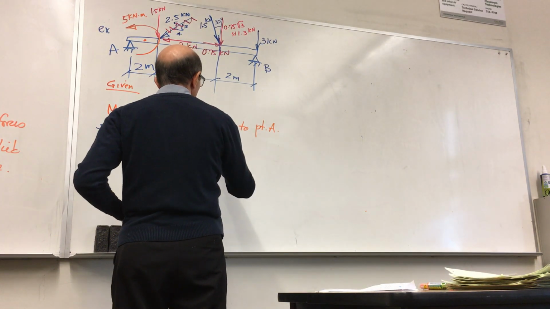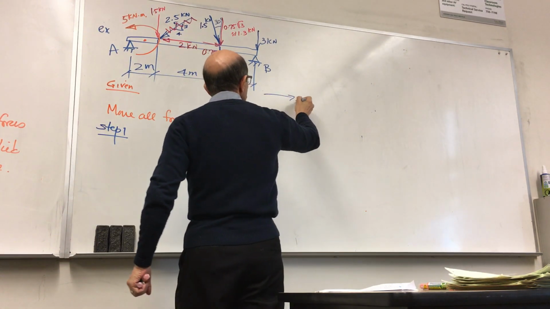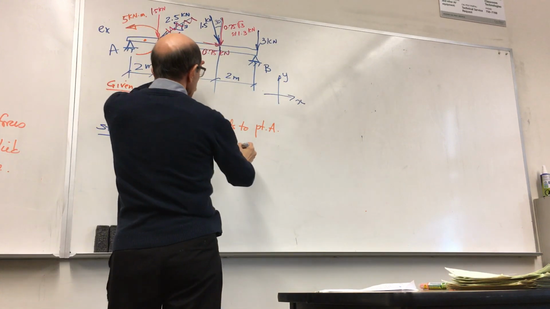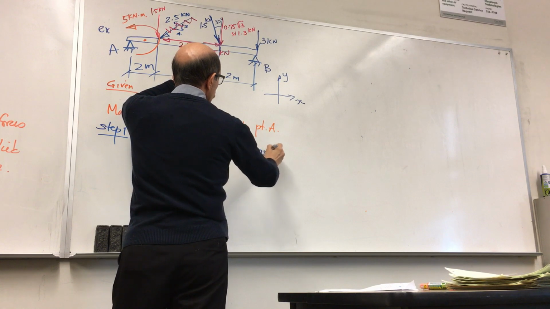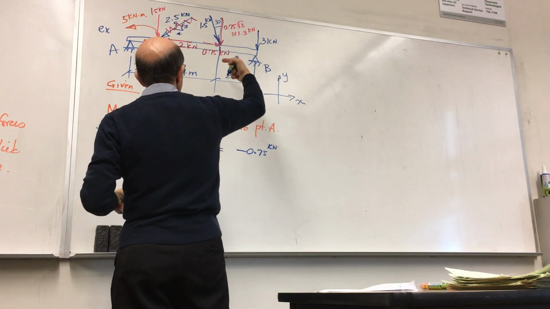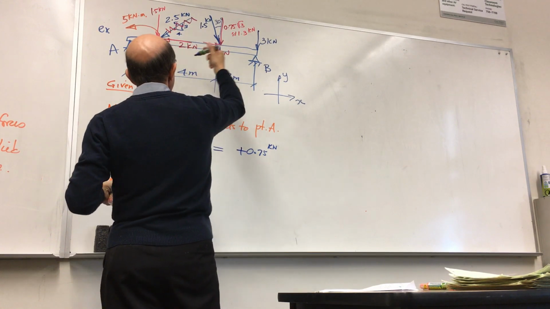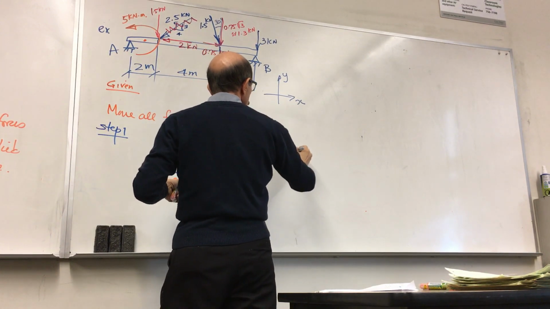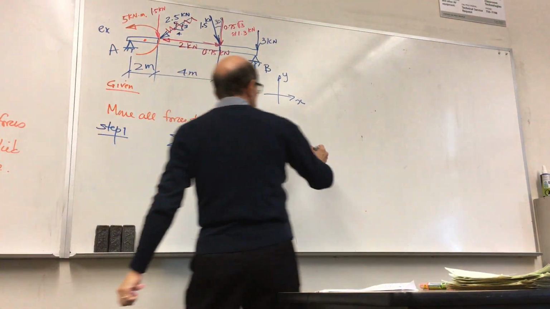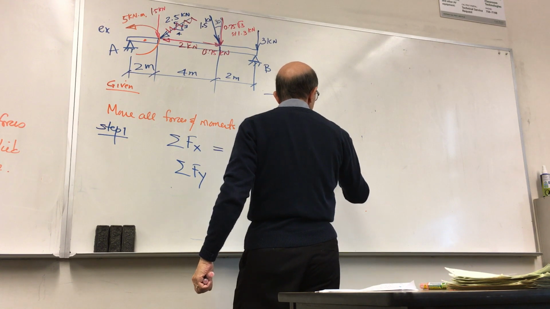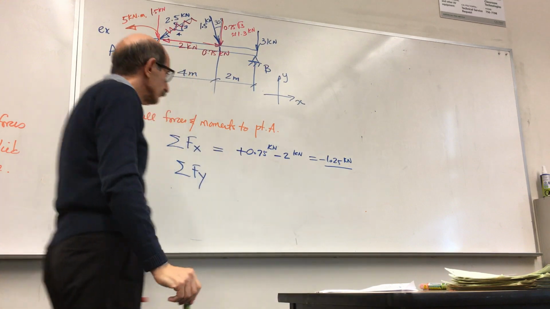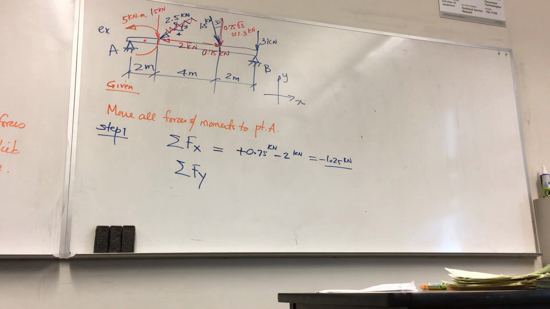Sum of the forces along X is what? If this is X, this is Y, you have negative 0.75 kilonewton. You have positive 0.75. You have negative 2 kilonewton, and that's it. That's all you have. So you have negative 1.25 kilonewton force along X. How about Y?